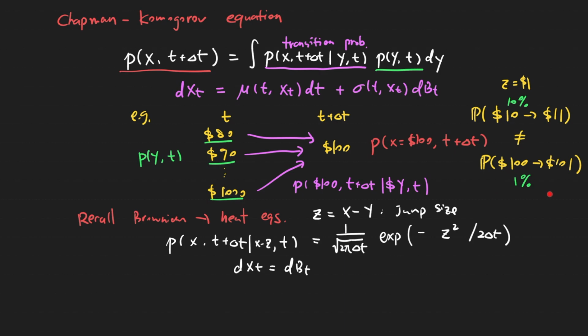If the stock price follows geometric Brownian motion, the second scenario is definitely going to have a higher probability than the first one.